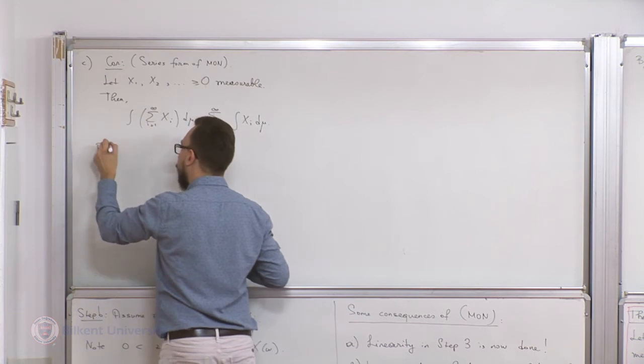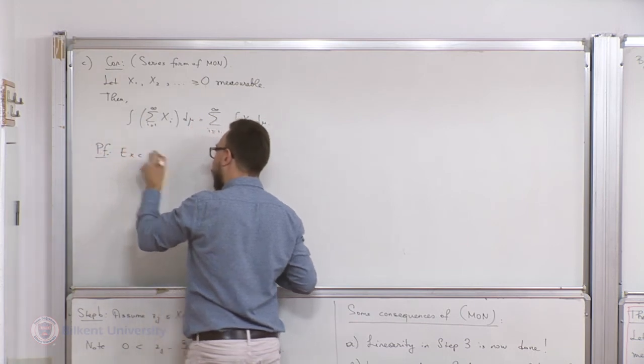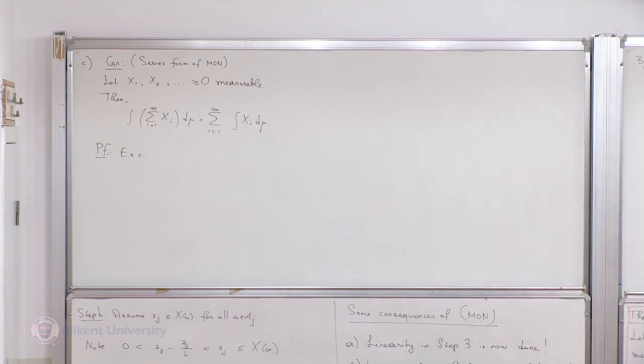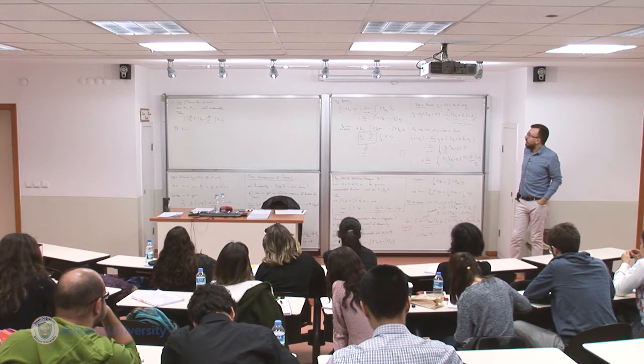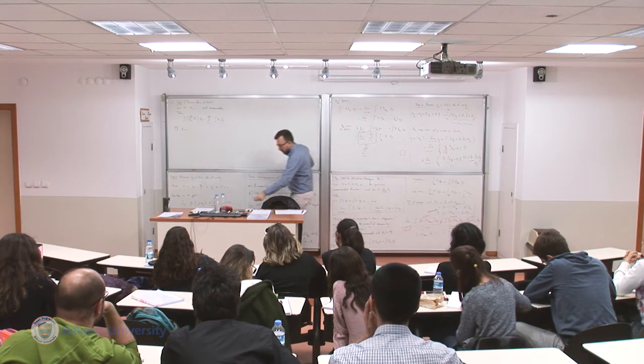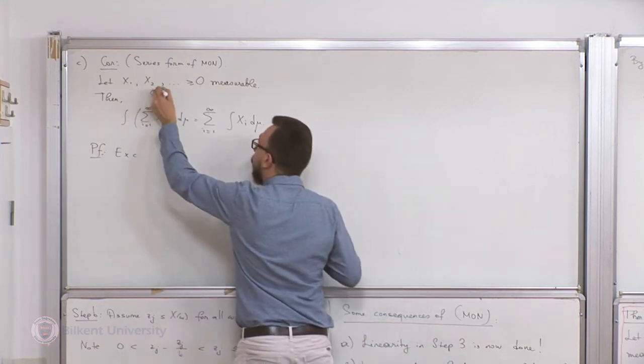I will leave this to you as an exercise. So this is called the series form of monotone convergence theorem. But look at the corollary. There is no monotonicity. x1, x2, they are not ordered. No order.